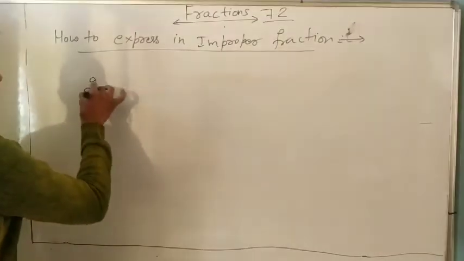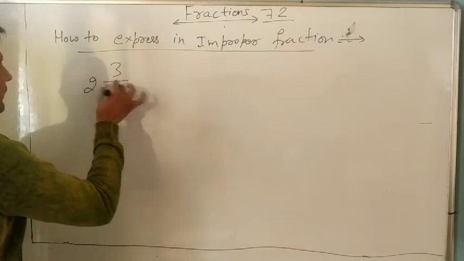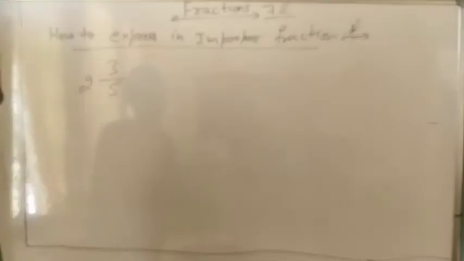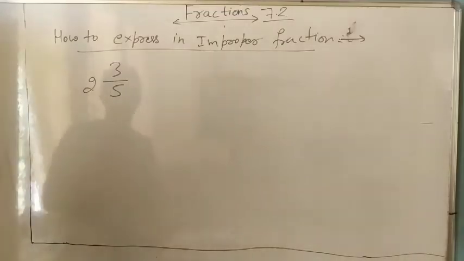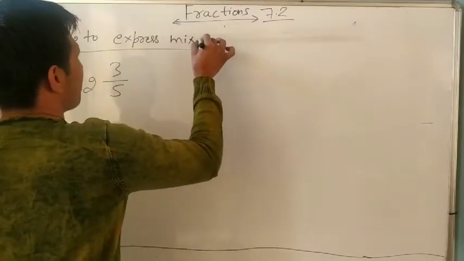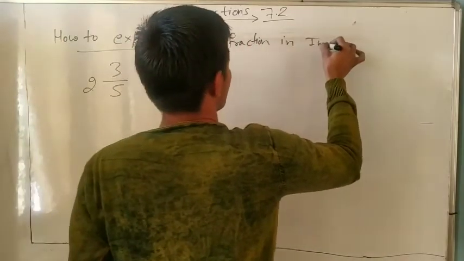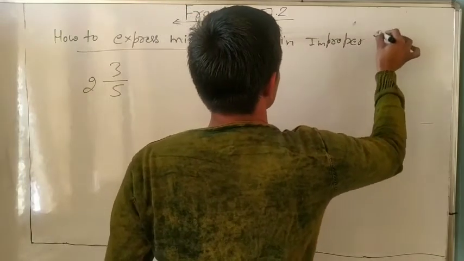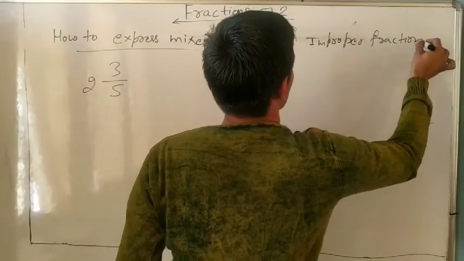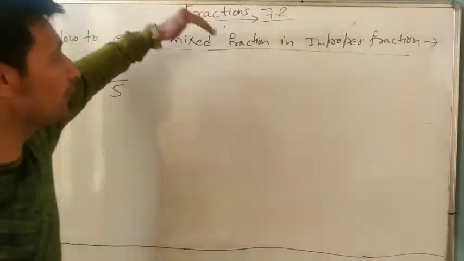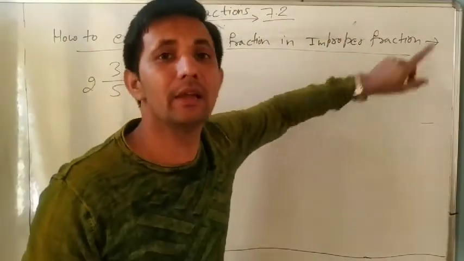Suppose this one, 2 and 3/5. Represent this mixed fraction in improper fraction. In the second question, improper fraction is given, we represent in mixed. Now mixed fraction is given, we have to represent in improper fraction.